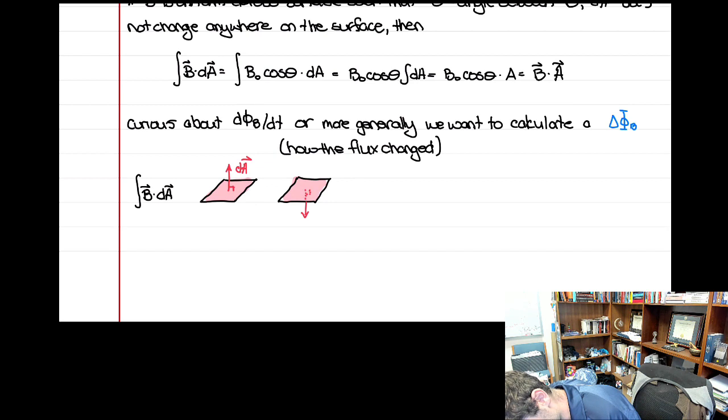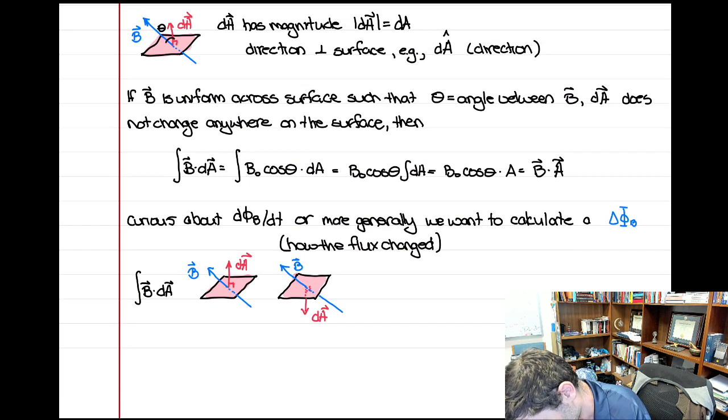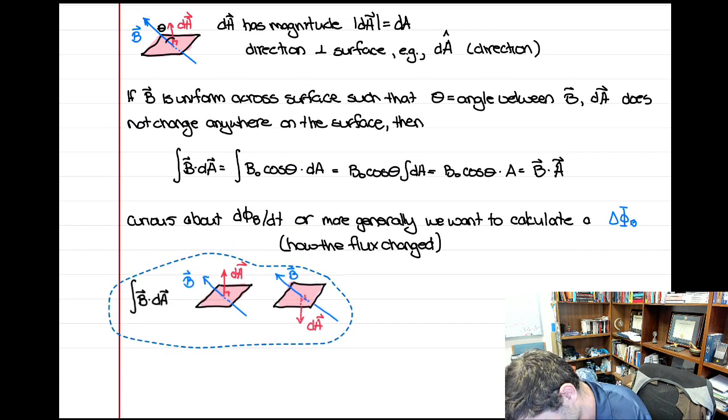I could call this dA. Is one more correct than the other? And then perhaps I have my magnetic field, which I'll use that same vector. So it looks like this. Same thing going on here. Down.